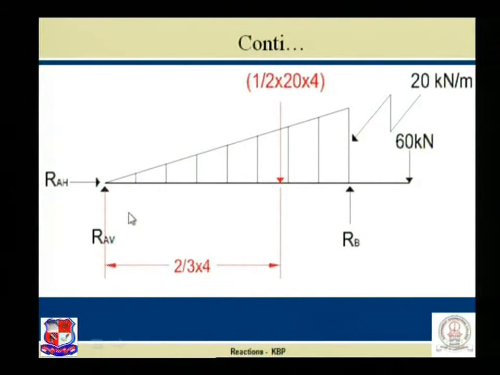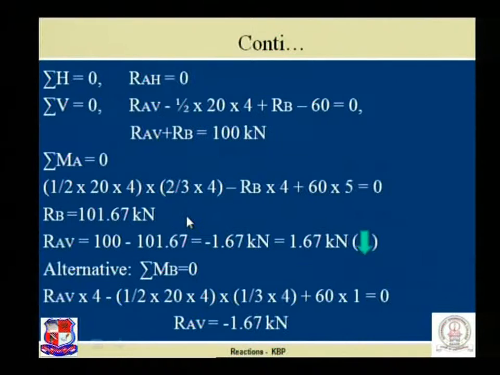The effect of RAH and RAV for a moment at A is 0. The first load, which is the UVL, half into 20 into 4 multiplied by 2/3 into 4, creates a clockwise moment, hence plus sign.